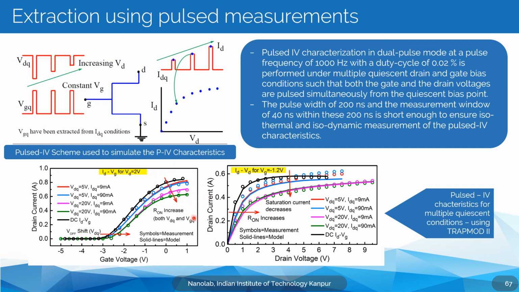The way we did this was you start with the DC, and then you take all the pulse measurements to ICCAP, and although it's a bit slow, you can always get it to work, and you can extract these different parameters. This is what we did for Trap Mod 2, and again, very clear overlapping results with the ASM-HEMT.